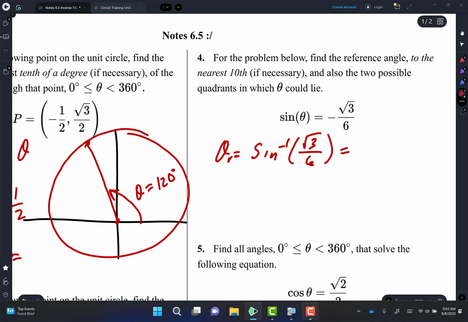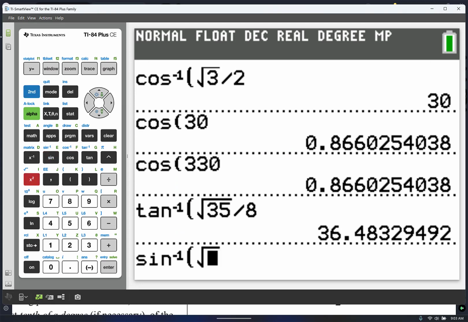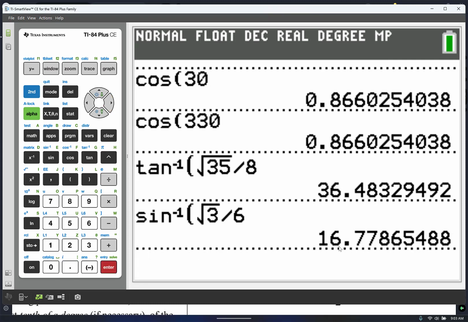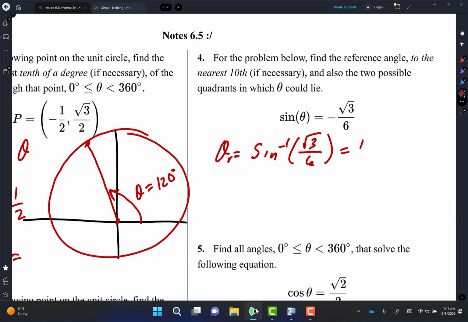So I take my calculator and I go second arc sine, square root of 3 over 6. 16.8 degrees. That's your reference angle.